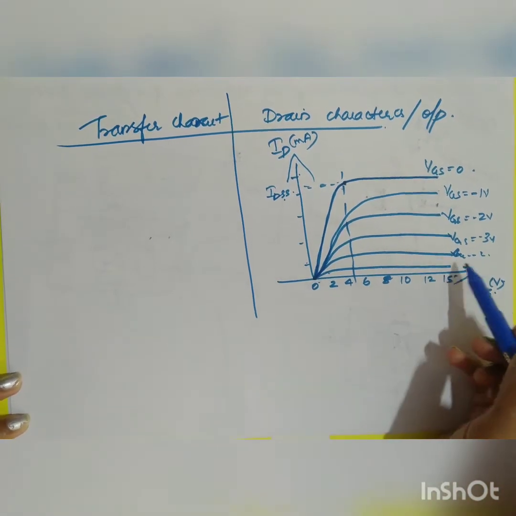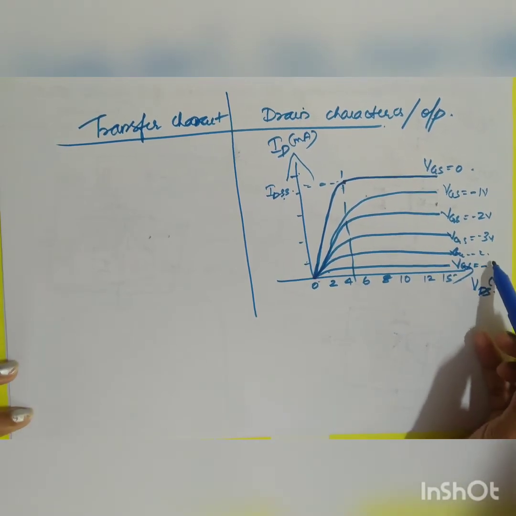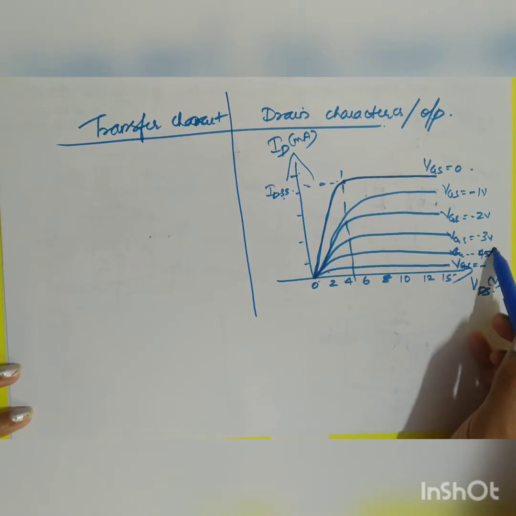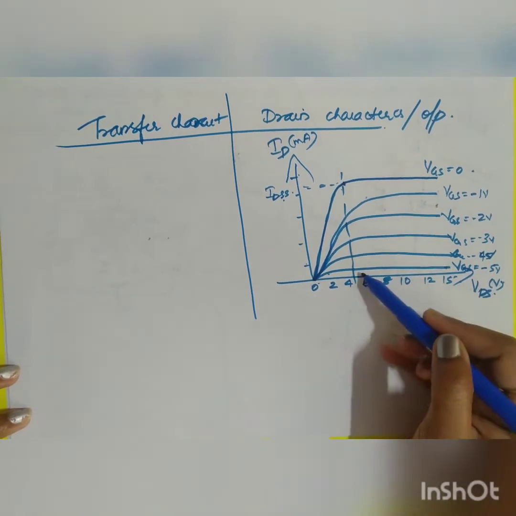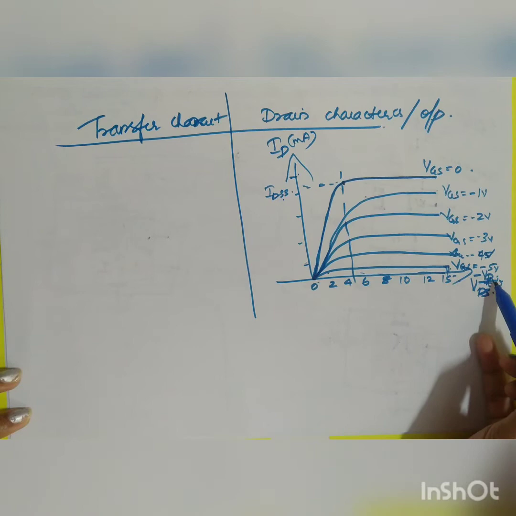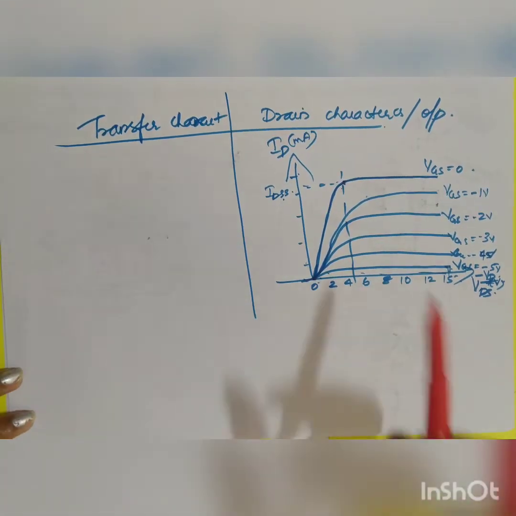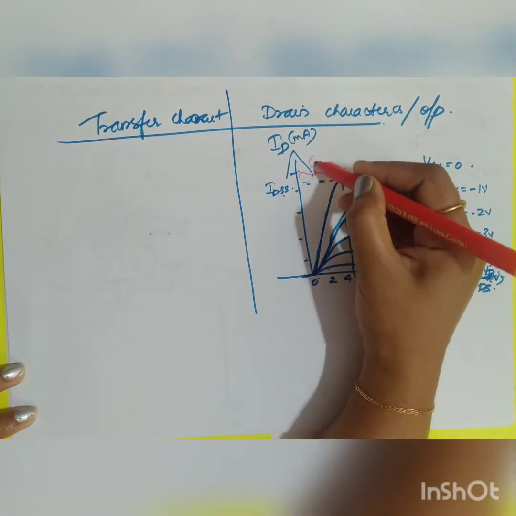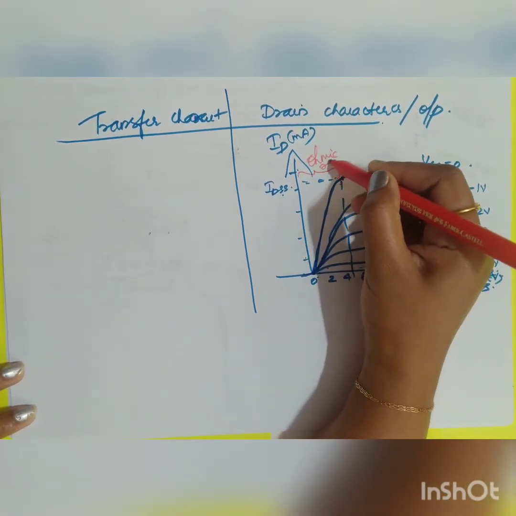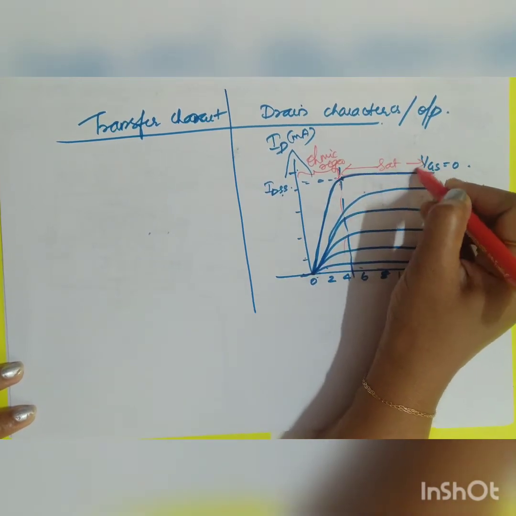Once it reaches the pinch-off voltage, for example if I take this as minus 4 volt and minus 5 volt, your drain current is going to be 0 below this value. So this is called the pinch-off voltage, at which your drain current becomes 0. So you have different regions. This region is called your ohmic region, or resistive region, and this is your saturation region, okay?